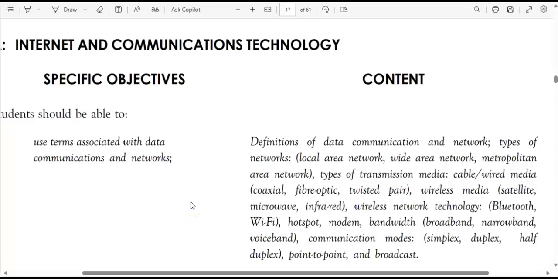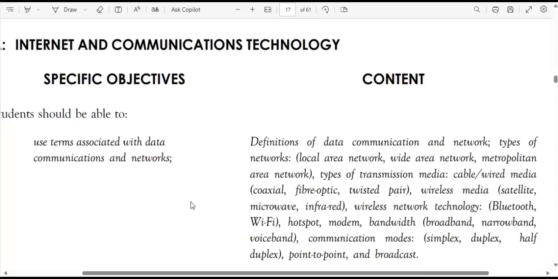Transmission media are the physical paths or channels through which data is transmitted from one device to another in a network. There are two main types of media: wired media and wireless media.